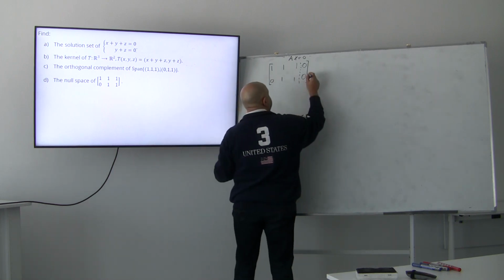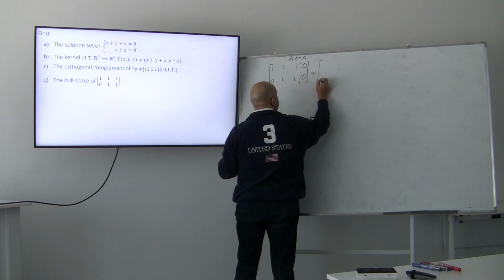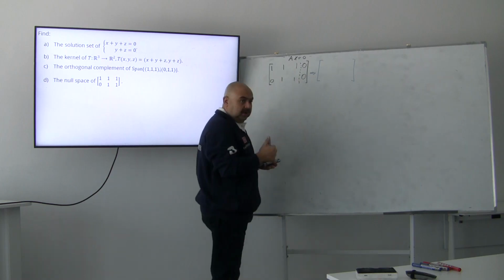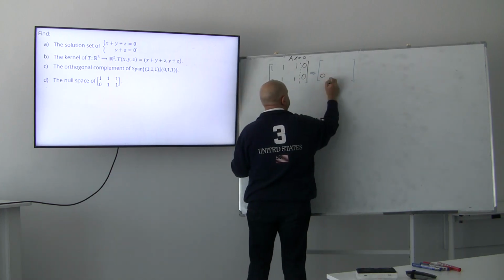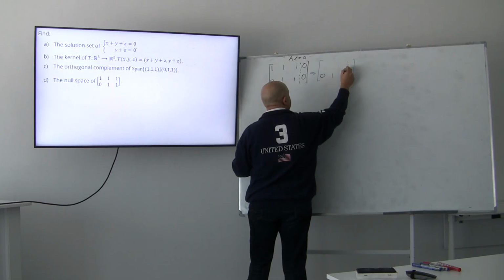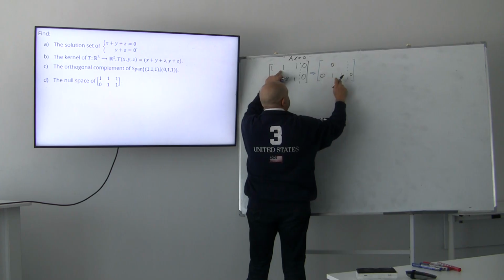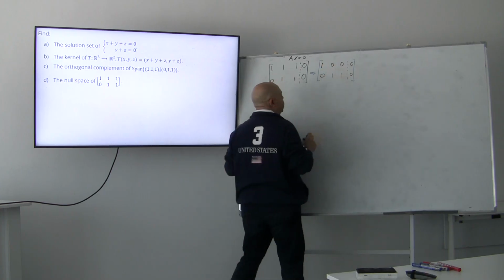Okay, I believe I can multiply the second row by -1, and then add it to the first row. Once you do this, you will find that I have 0, 1, and 1. The result is 0, -1 plus 1 equal to 0, -1 plus 1 also equal to 0, and this is for the first row.